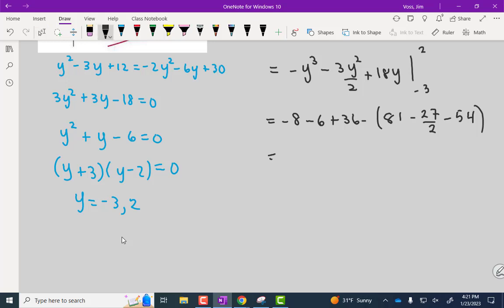Okay, so let's do some subtraction here. So 22, and then let's combine these two. What's that, 27? And that's going to have a minus in front of it. And then plus 27 over 2. So then we get -5, get a common denominator of 2, so -10 over 2. Why is it 81 not 27?